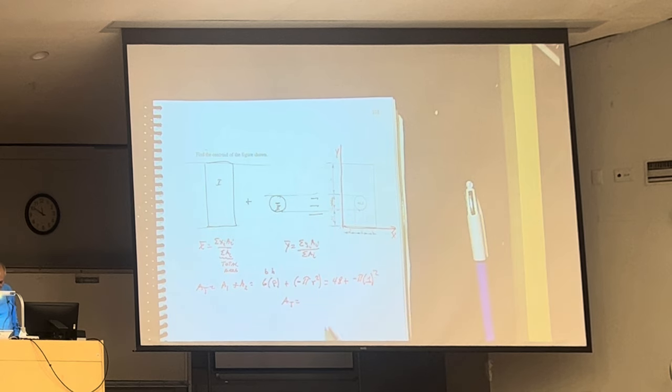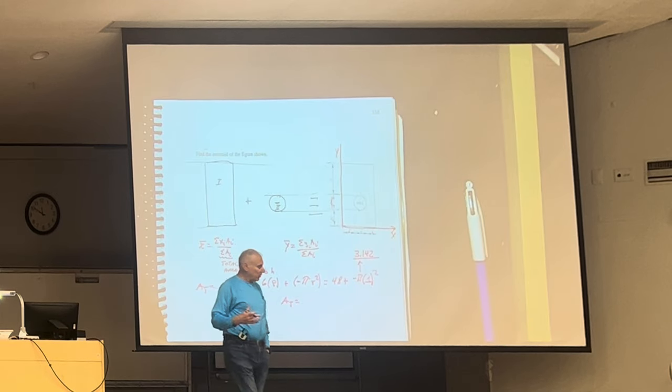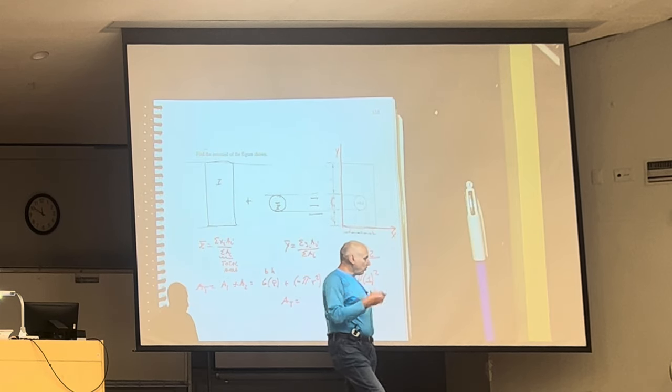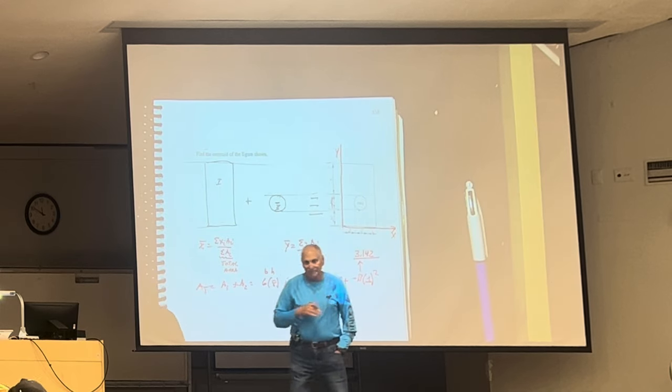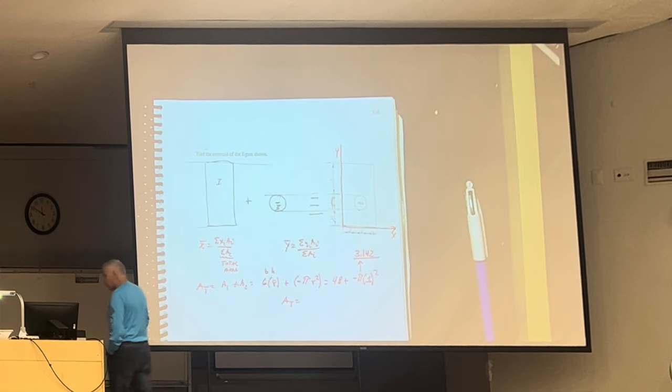Area total is equal to, and by the way, on a test, I want you to use 3.142. I don't want you to use the entire digits that your calculator gives you. So pi for me is going to be 3.142. Okay? This is going to give me a total area of, in essence, 44.86.